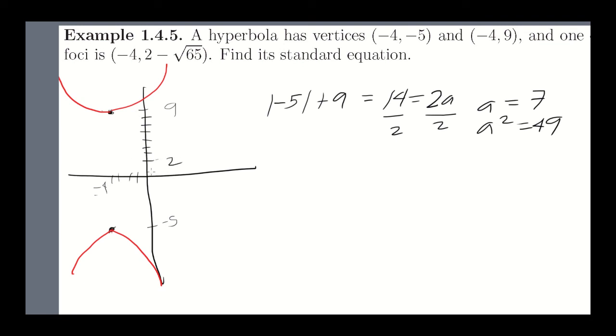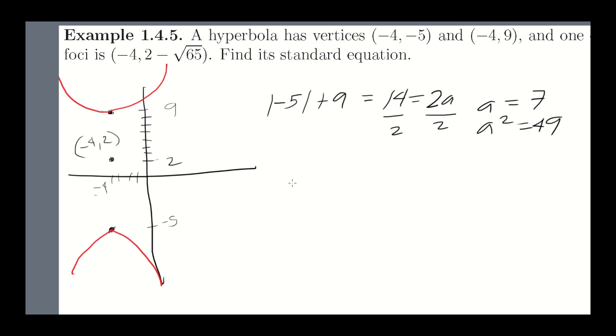So the center should be here, which is negative 4 and 2. Okay, now we have the center. We just need to get the b.